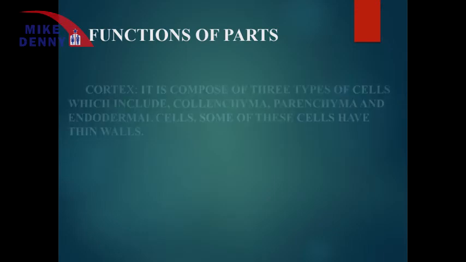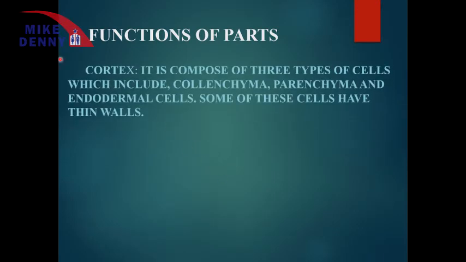Then we have the cortex. The cortex is composed of three types of cells, which include collenchyma, parenchyma, and endodermal cells. Some of these cells have thin walls.